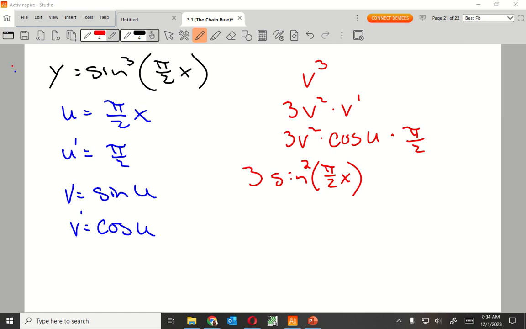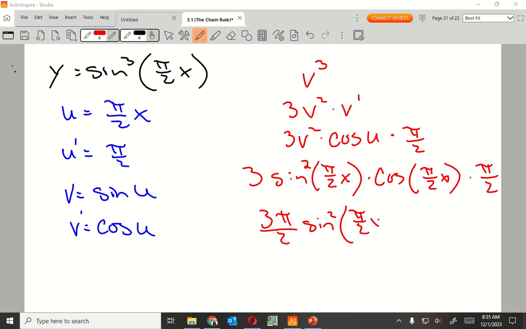So the sine goes right there, times cosine U, cosine pi over 2x times, and to clean up, I could move the pi over 2 to the front. This is 3 pi over 2 times sine squared pi over 2x times cosine of pi over 2x.